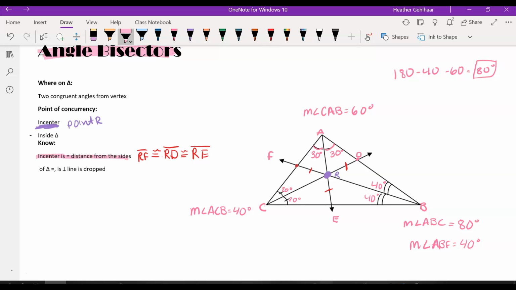The next says the triangles will be equal if a perpendicular line is dropped. So let's say here that this angle bisector AE was not just an angle bisector, but also was an altitude plus the perpendicular bisector.